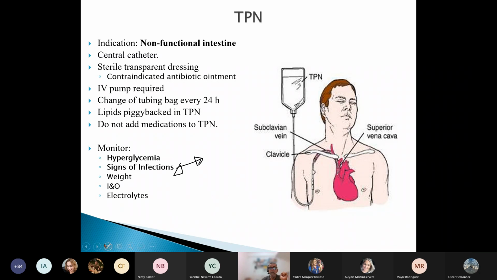Patient with TPN that has, in the site of insertion in the skin where the catheter is penetrating, signs of infection like redness, swelling, and suppuration, I mean secretion that suggests pus. So try to think of all those possibilities. But another common complication is hyperglycemia.